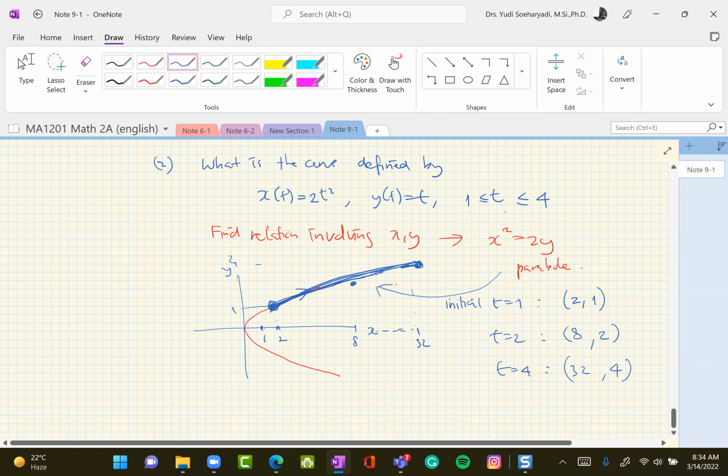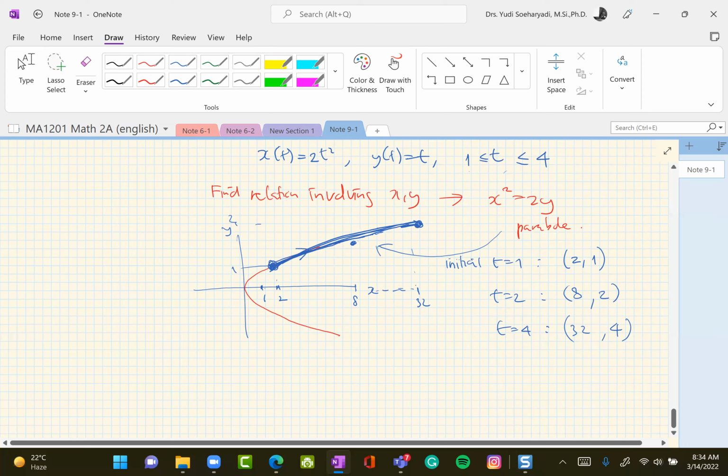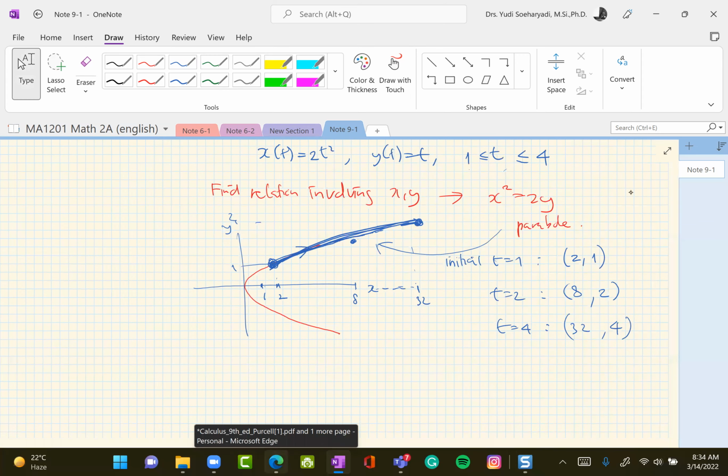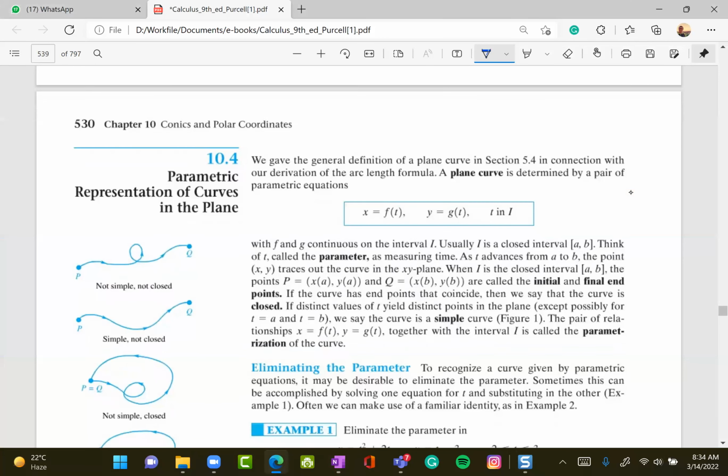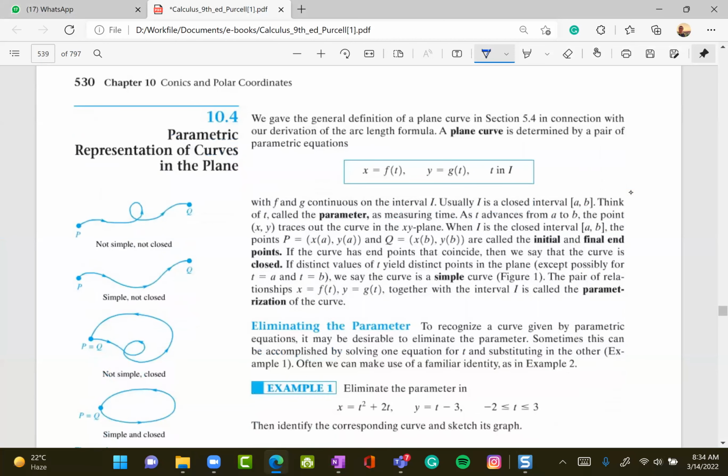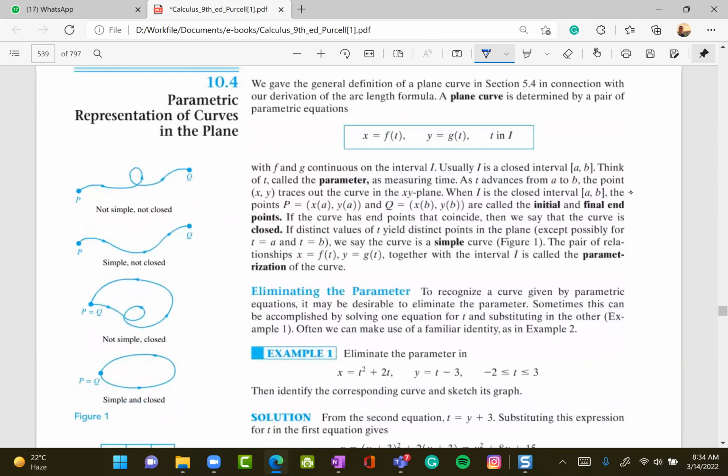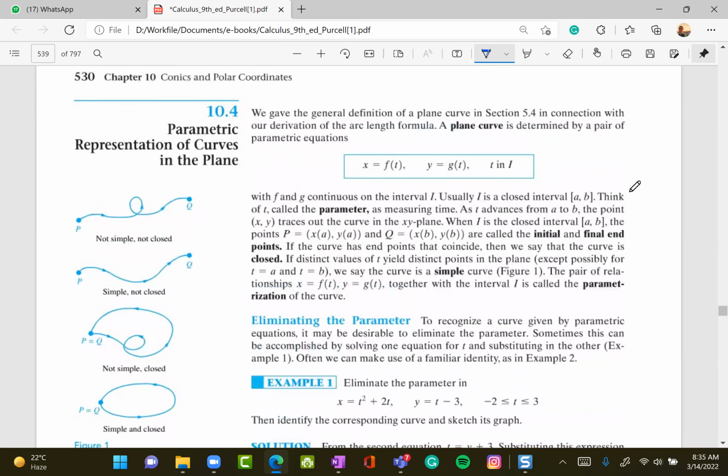All right, so let me introduce another thing. A curve is called simple if, let's see. A closed curve means that the initial and the endpoints are just the same here.